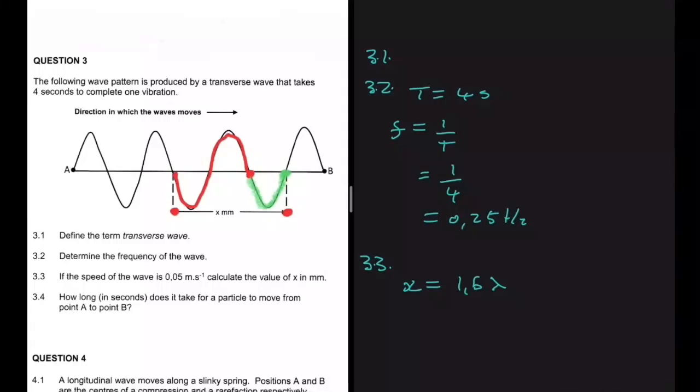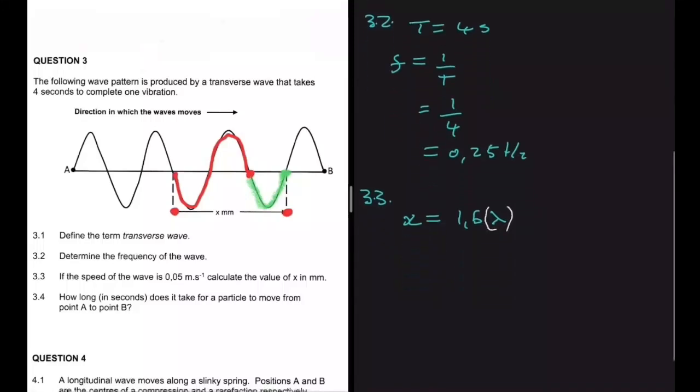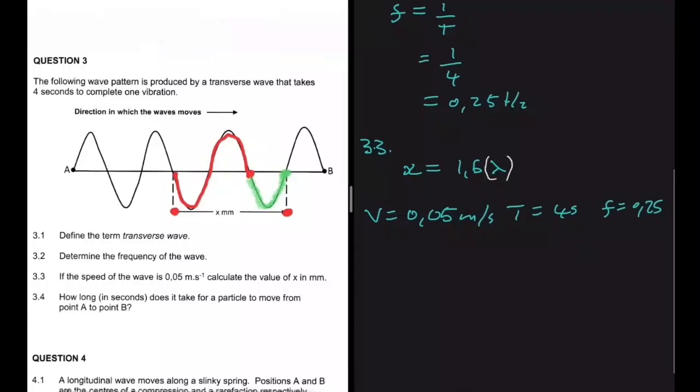So if we calculate the wavelength, then we can just substitute it here and determine the value of x in millimeters. Let's go ahead and do that. We are told that the velocity is equal to 0.05 meters per second. We know that the period is equal to 4 seconds and the frequency is equal to 0.25 hertz. So the velocity is equal to the wavelength divided by the period.